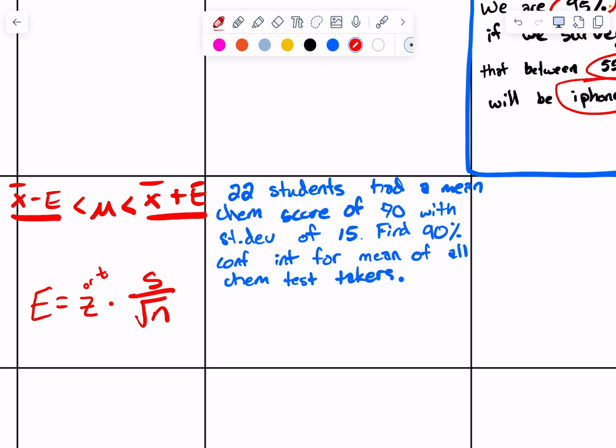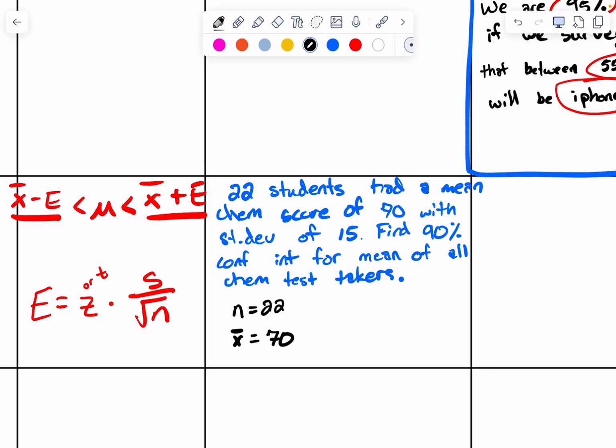Pull out the variables. What is 22? n. What is 70? That's the mean chem score. The mu is the mean of the sample. Nope, not mu. X bar.